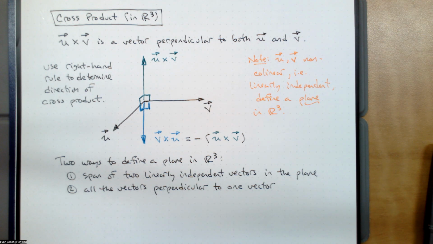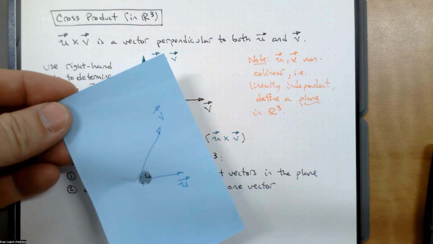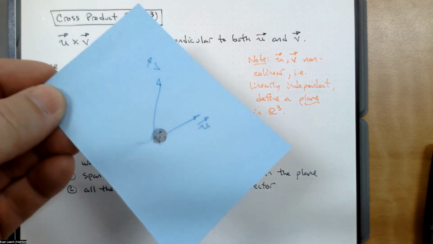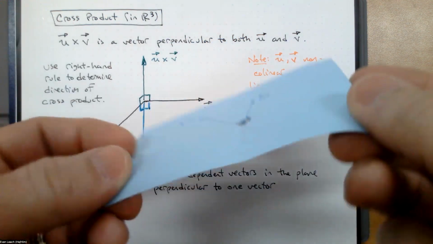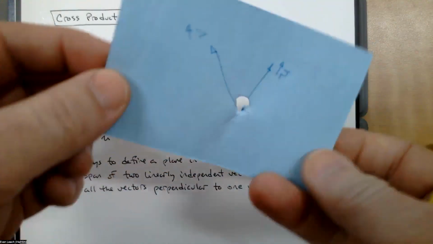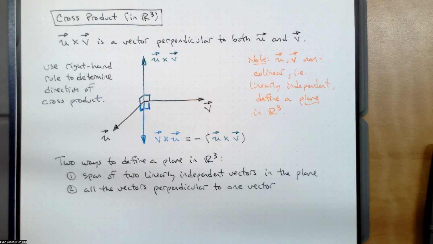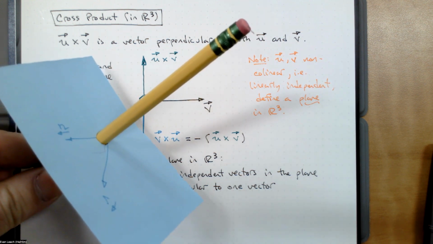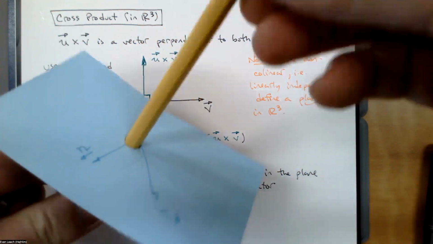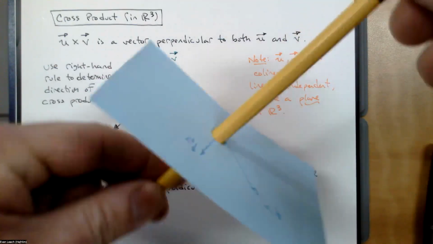So I can either define this plane as the span of these two vectors, or I can grab one normal vector and say it's everything perpendicular to my normal vector. And if I start moving that one normal vector around, that moves the whole plane around.